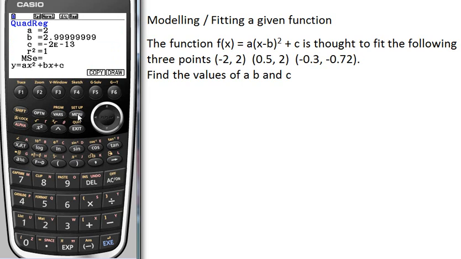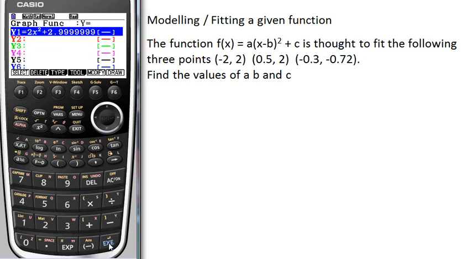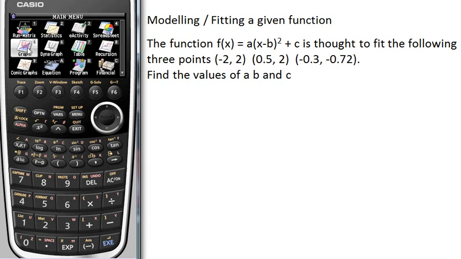Then I go to menu, come across to graph, and we've got that graph already in on that particular section of the calculator. So I want to be working on the graph section, and I have a regression line that is a pretty good fit for those 3 points, and we did that, as I say, in the previous video.